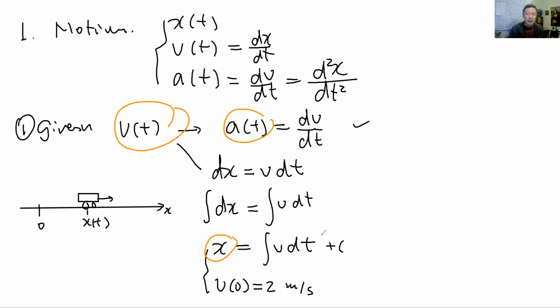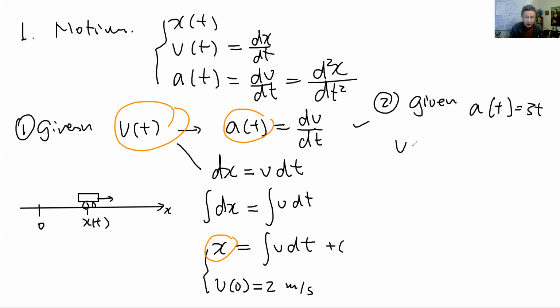Either way. Alternatively, they can give something else, and this also gives you acceleration. Given acceleration, say a equals 3t, for example, what can you do?